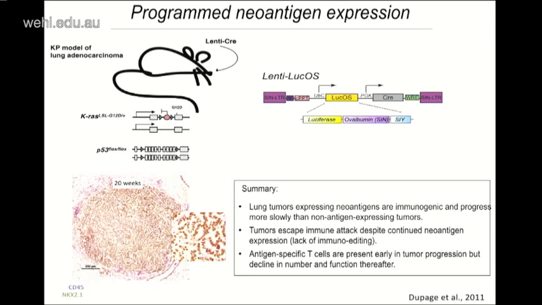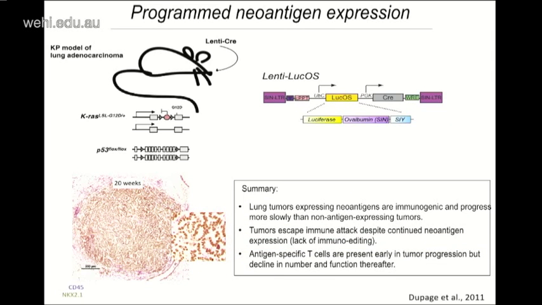Now one does not see an immunoinfiltration into the tumor. If anything, there are T cells in the boundaries or the margins of the tumor, and these tumors then continue to grow and develop equally well to their non-antigen expressing counterparts and kill the animals with much the same kinetics. So there's clearly some form of immunoevasion or immunosuppression going on here.